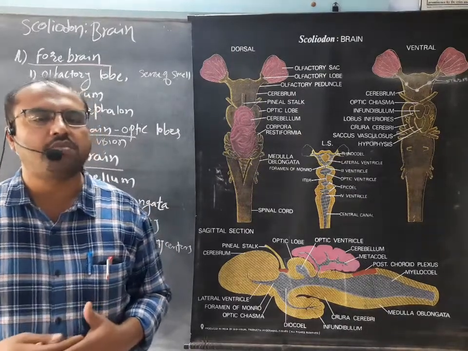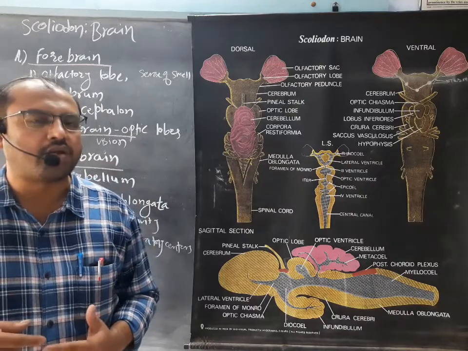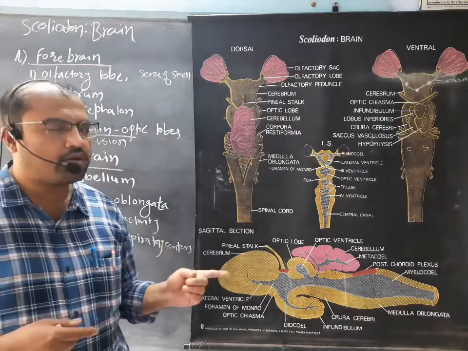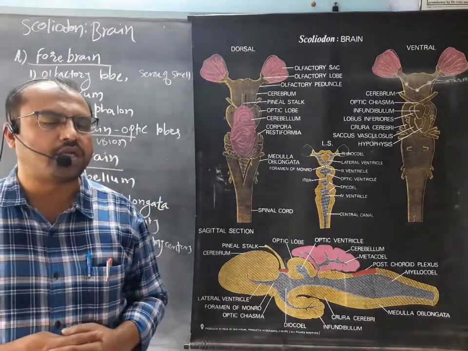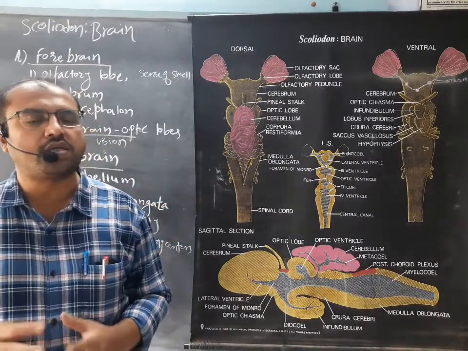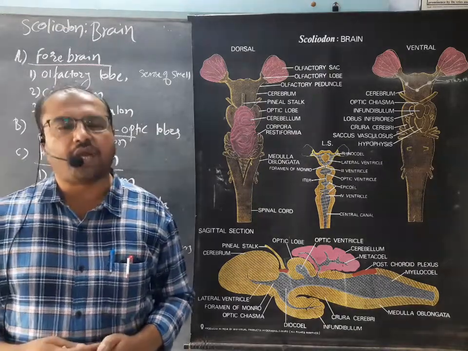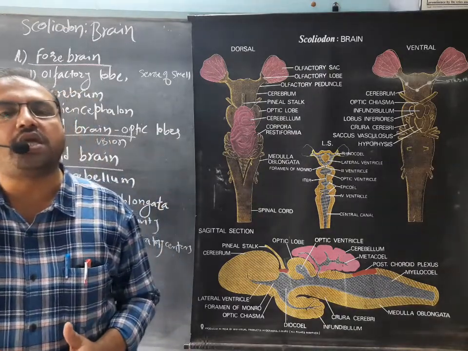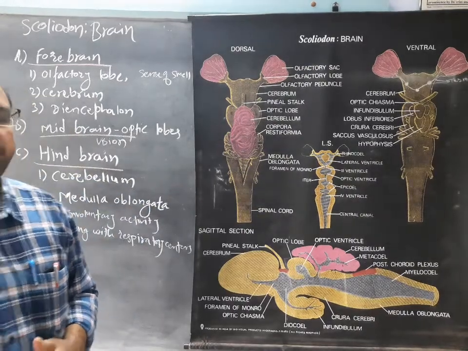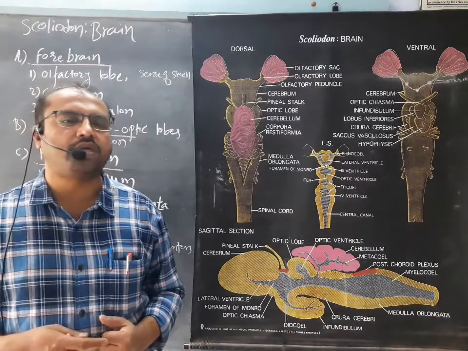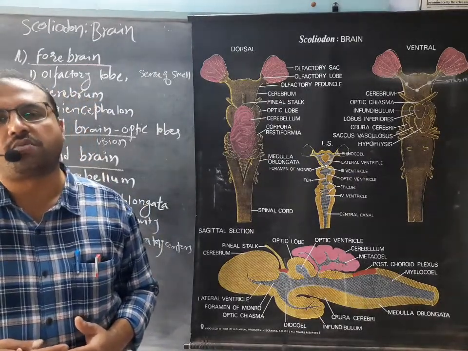The peripheral nervous system includes the nerves arising from the brain and spinal cord, that is the spinal nerves as well as the cranial nerves. Third, the autonomic or sympathetic nervous system consists of nerves arising from both the spinal cord as well as the brain, but they control involuntary activity. An example is the heartbeat. We can't control the heartbeat. So the heartbeat is generally controlled by this autonomic nervous system.